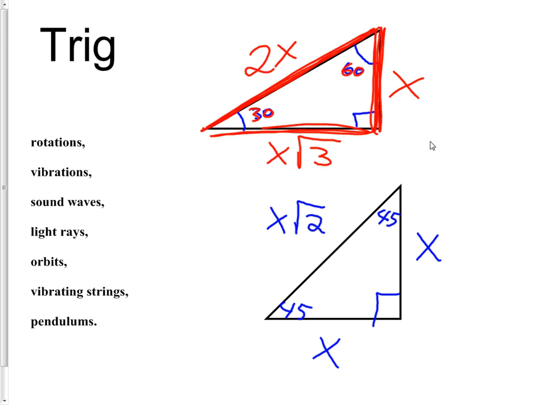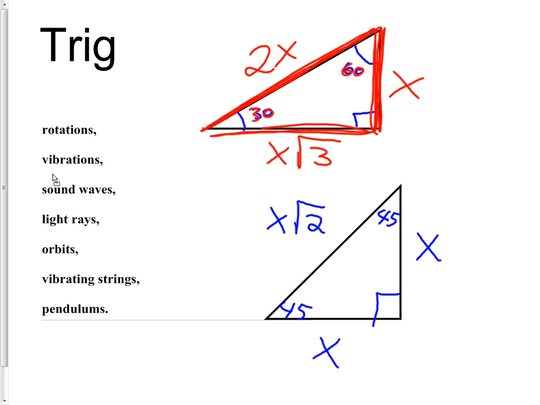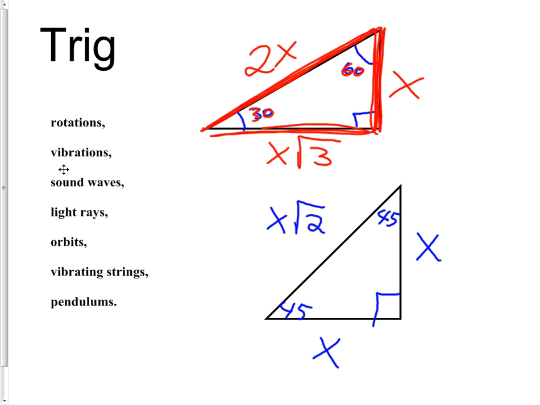And here's some stuff that it is good to know about trig. It'll solve any of these kinds of problems. Rotations, that's about moving, right? Vibrations, that's about moving. It's like even the ground going up and down is kind of like a vibration. Except this is a constant vibration, like vibrating strings, for instance.